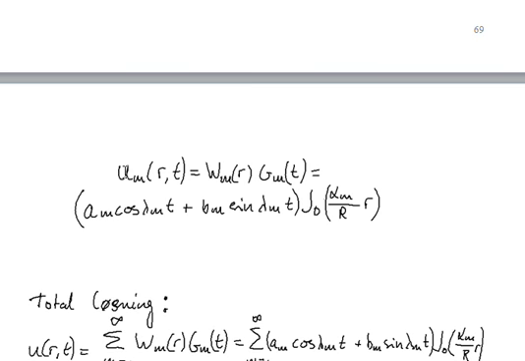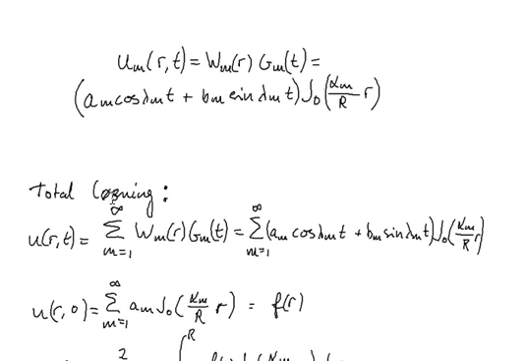We can index them as follows: um, which is a product of these two functions. This function is equal to J0 of this, and Gm of t is equal to this type of equation. The only unknowns are these am and bm.